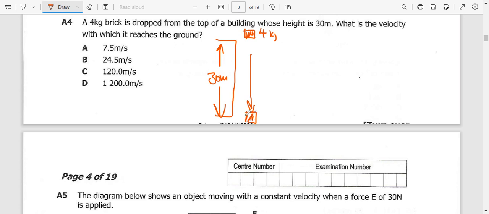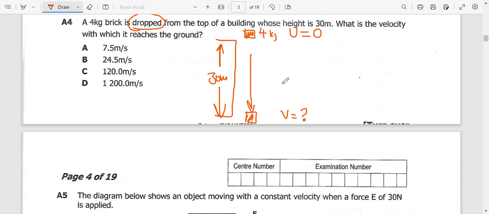So there are many ways that you can use to find this. You can use the work energy theorem, or you can just use equations of motion. Now, because you have got the word drop, meaning that the velocity it is starting with is 0, that is the initial velocity. You want to find the final velocity, which you don't know.